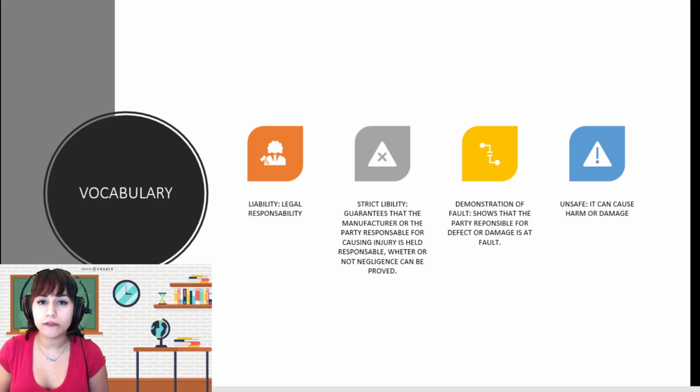For example, if you go to Walmart and you buy a cell phone and then you're checking your new cell phone and you realize that it doesn't work. Okay? So you can go to Walmart and ask for a refund for your cell phone.